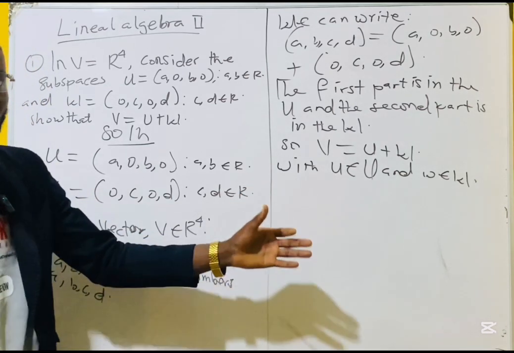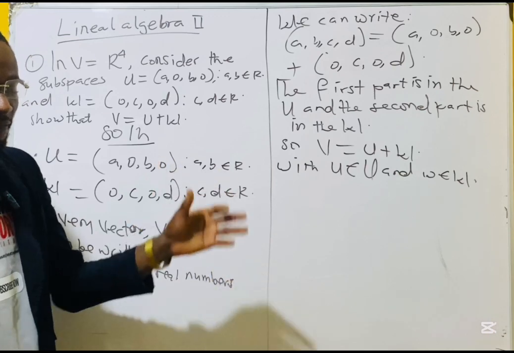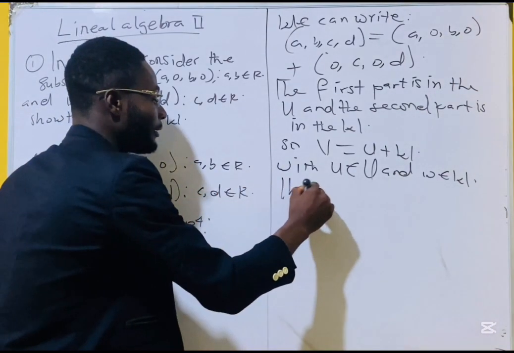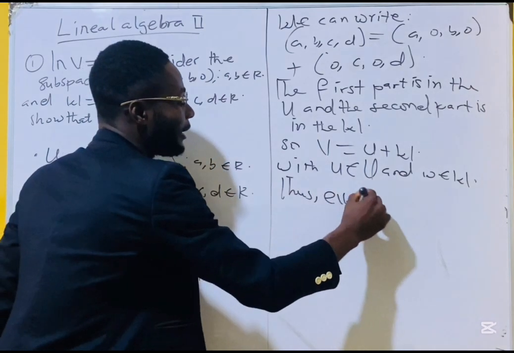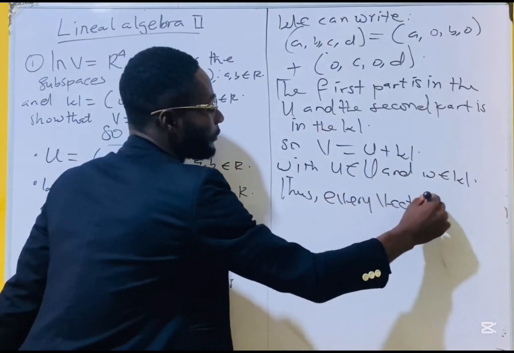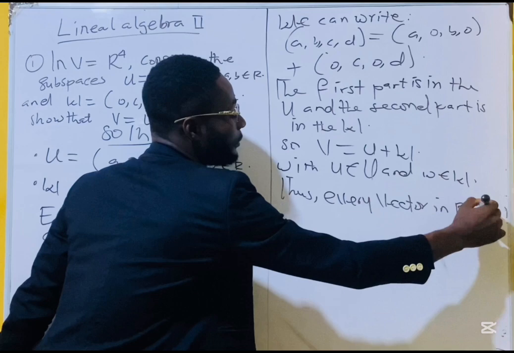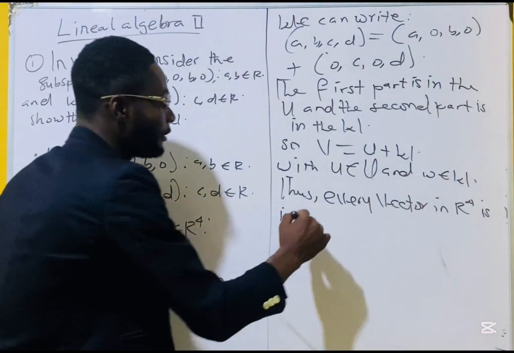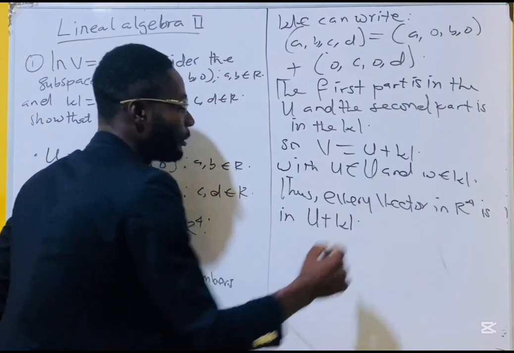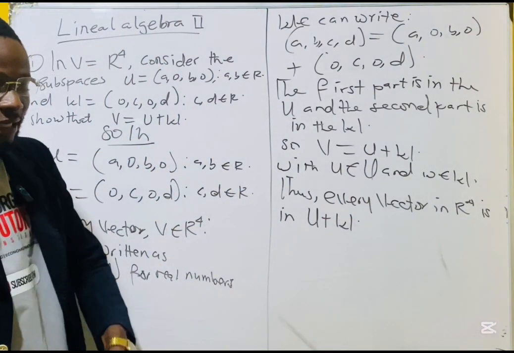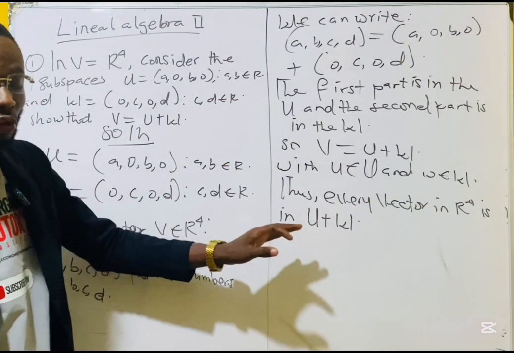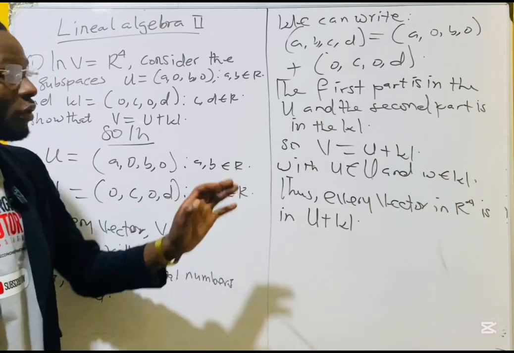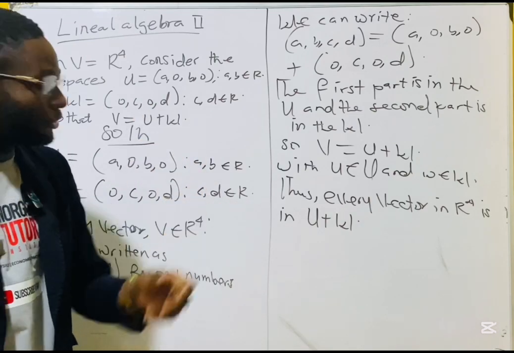Therefore, every vector in R4 is in U plus W. So U plus W is equal to V, or V is equal to U plus W. They are all the same.